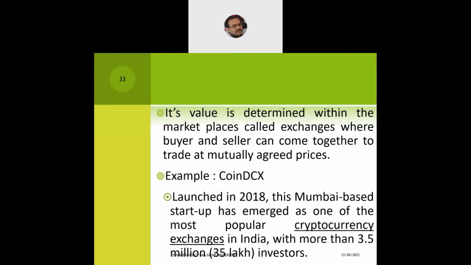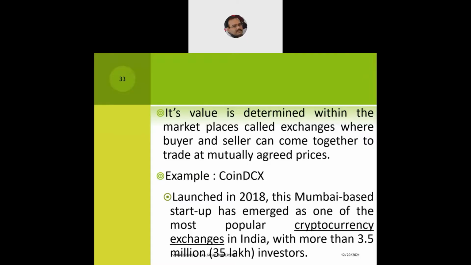So its value is determined within marketplaces called exchanges. Now, how do you determine the worth of your cryptocurrency? You need to go to the exchange. Just like in the physical financial business, we have stock exchanges like the Bombay Stock Exchange or the Delhi Stock Exchange in Daryaganj, where money is being traded and transactions are being done.